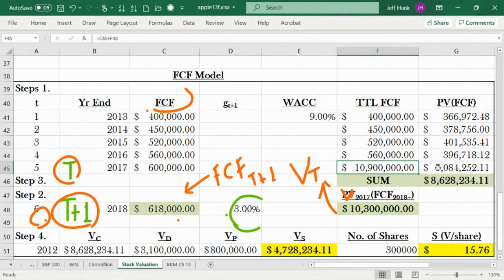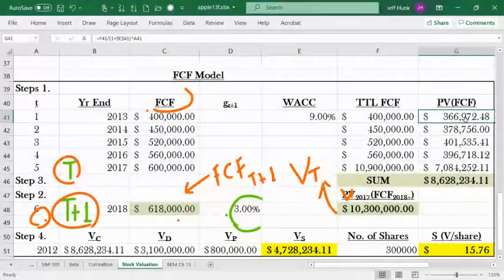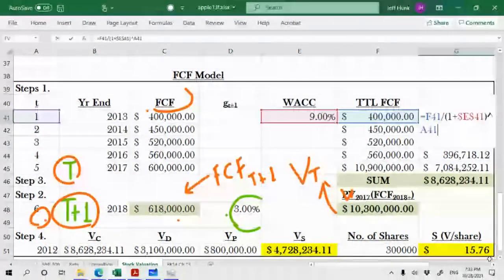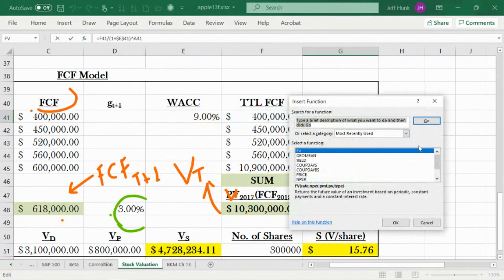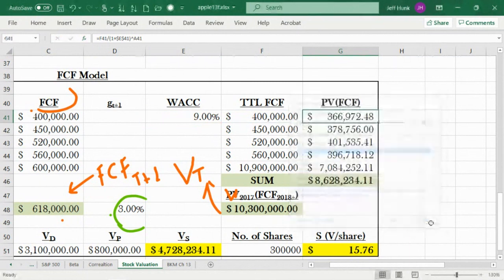So then all we need is to find the present value of all of this. We know how to find present value. Just discount it back to time 0, which in this example is 2012. So if you drag it down all the way down, we got all of the present values.